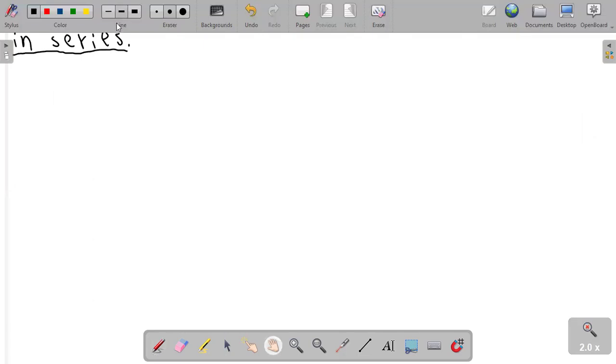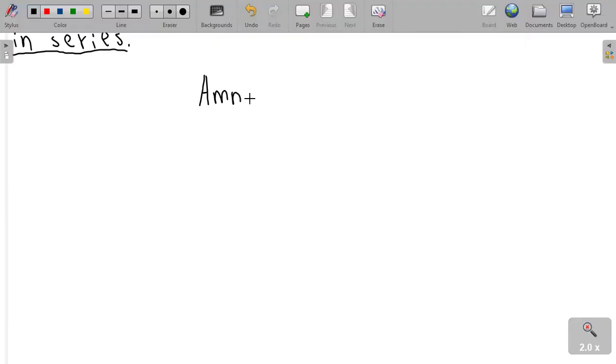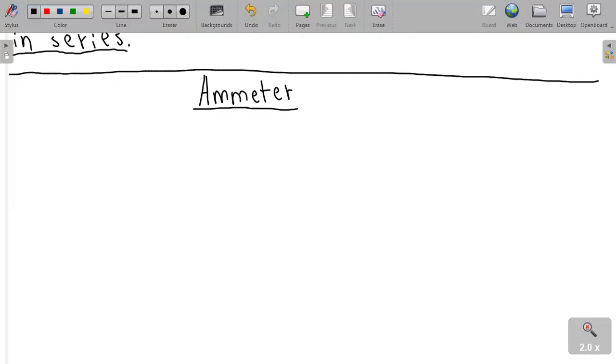So a measuring device that we're going to use a lot here is an ammeter. So you should know what an ammeter is. I want to give you the definition here of an ammeter, because sometimes they can ask you what an ammeter is.